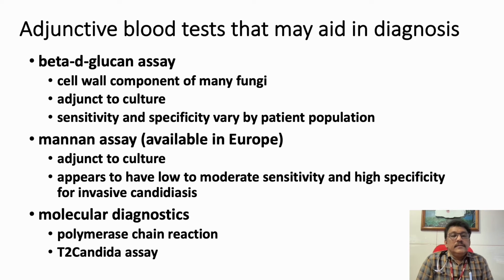Other adjunctive blood tests like beta-D-glucan assay, a cell wall component of many fungi, can be done as an adjunct to culture. Sensitivity and specificity vary by patient population. Another important test is the mannan assay, which is also an adjunct to culture.